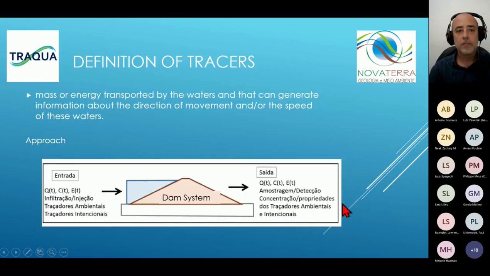We use the labeled water approach, the systems approach. We have the entrance of the tracers, like environmental and artificial tracers, and the dam system processes these tracers, and downstream we sample and detect these tracers to know more about the system. This is the approach we use.